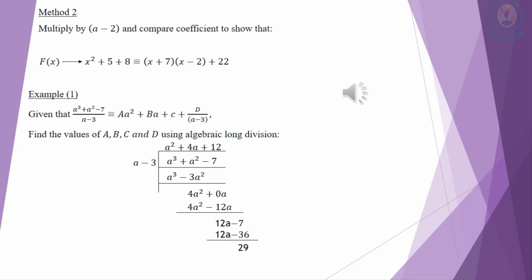The algebraic long division is given below, and finally you get the divisor as a minus 3, the quotient as a squared plus 4a plus 12, and the remainder is 29.